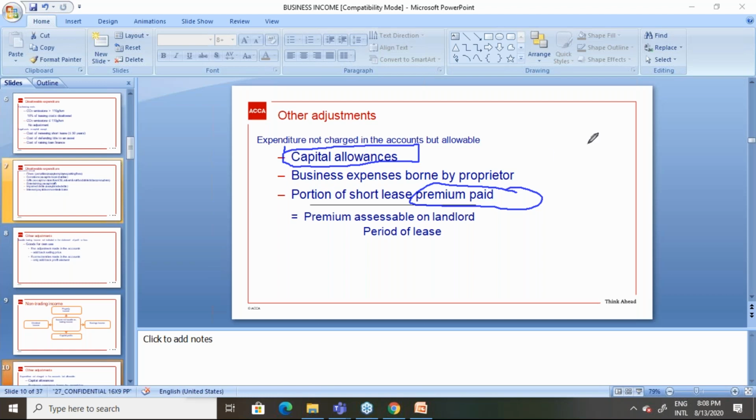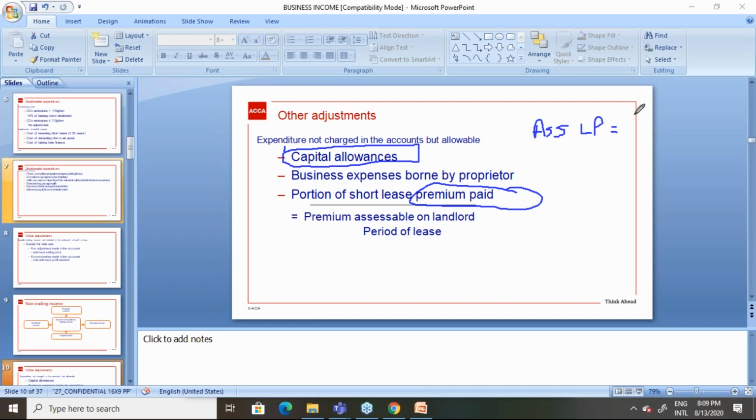That is, if you receive a lease premium, then as the landlord, you have to pay taxes on that. How do you calculate the assessable lease premium? We are using two methods to calculate this answer.